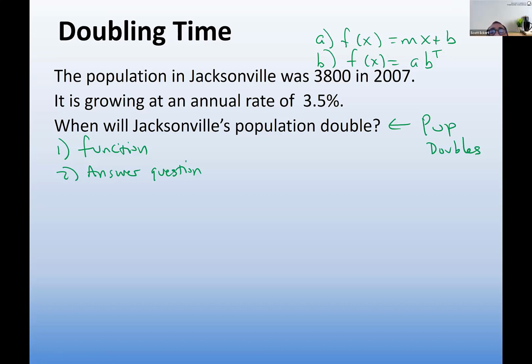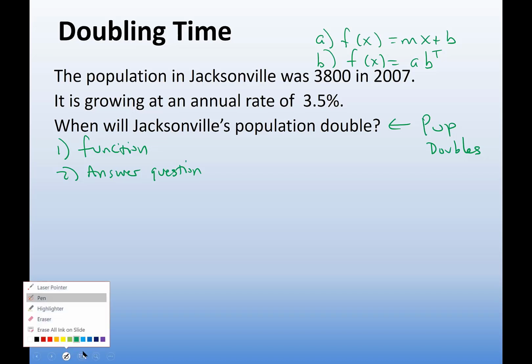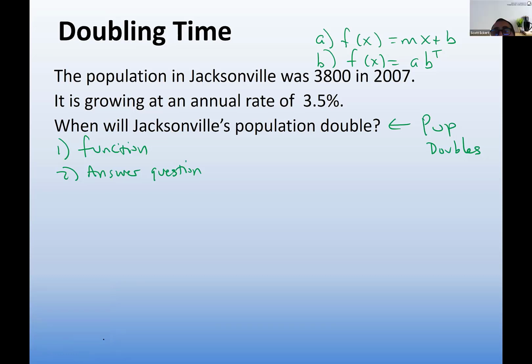Okay, so what is it about the percent that tells us Model B and not Model A? Just showing us the increase of how it grows. 3.5% is our growing rate, and that'd be our variable. It's an exponential function. Okay, you guys are all really hitting the target pretty close.